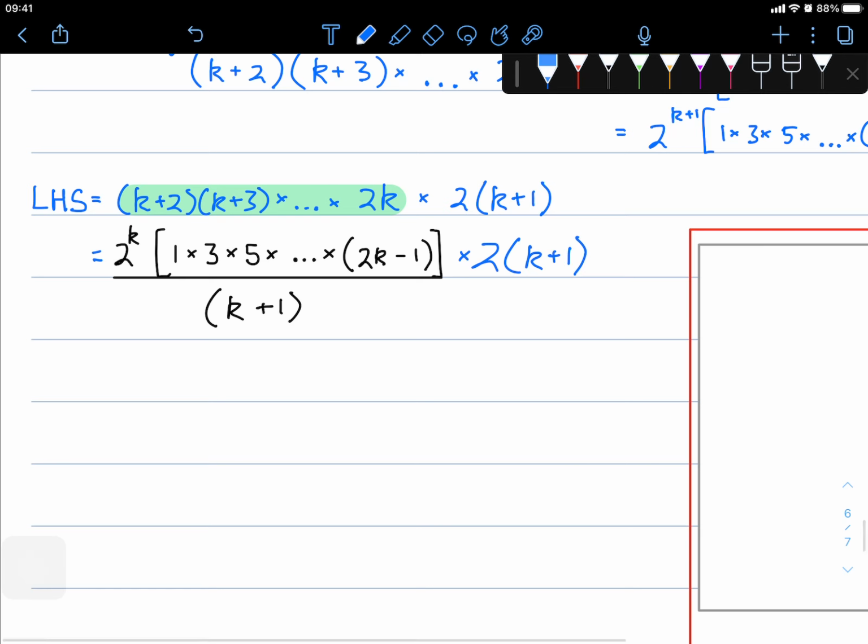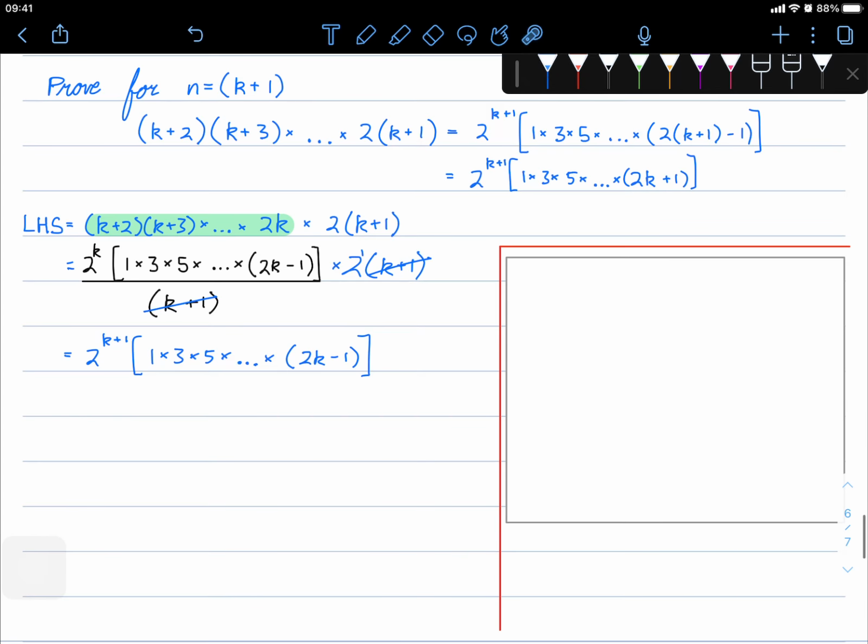Now from here, since everything is a multiplication, these two cancel. And the base of 2 to the power of k times 2 are the same. So when the bases are the same, the indices add. So we're left with 2 to the power of k plus 1 outside of 1 times 3 times 5 all the way up until 2k minus 1.